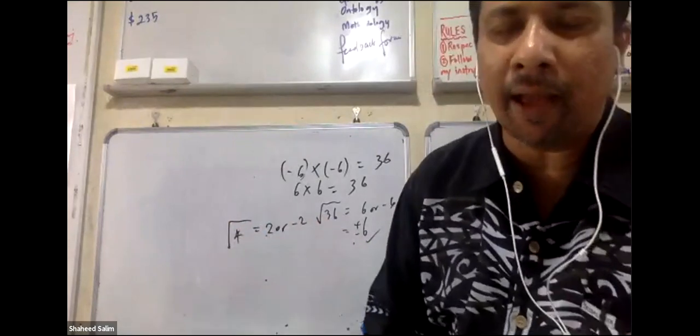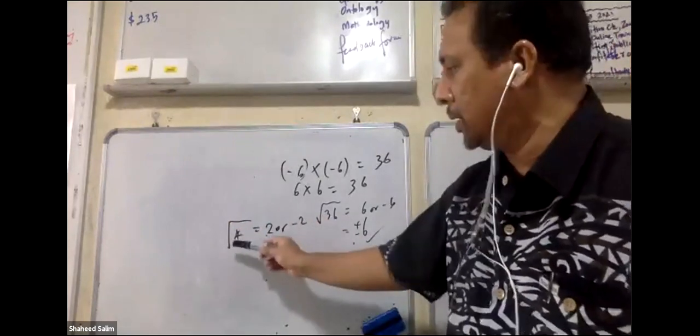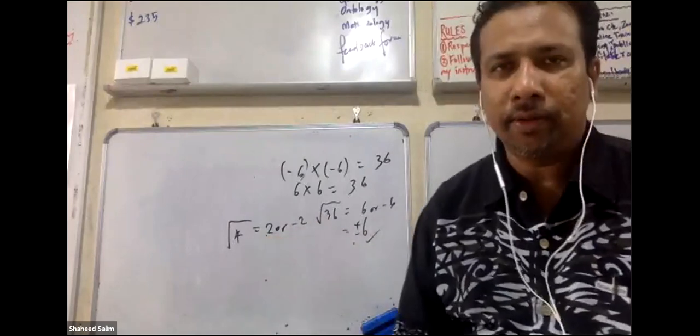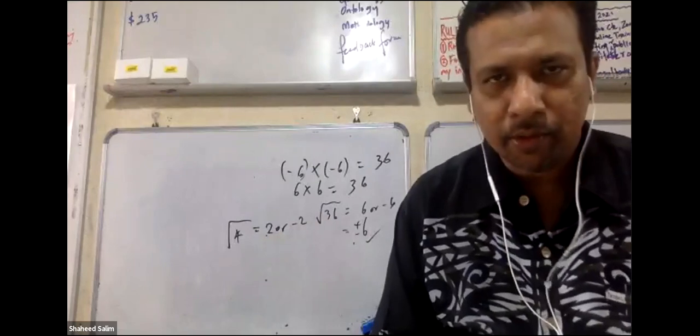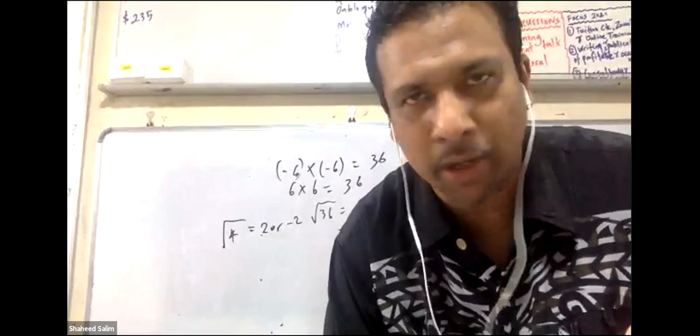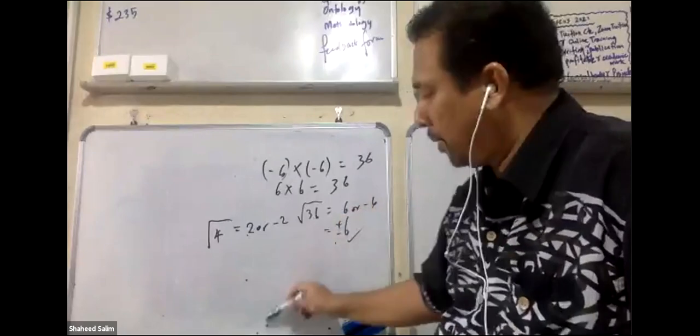So for square root of positive numbers, you will always get either positive or negative. You cannot have square root of negative numbers. So square root always will have 2 possible answers, plus and minus.